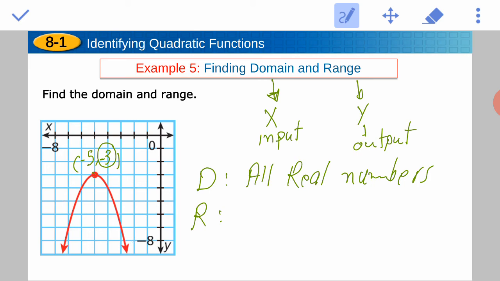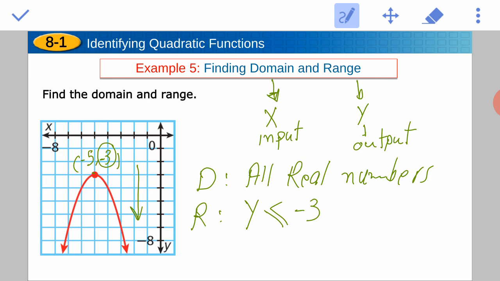So what are the possible y values? The maximum y value you ever see is -3, and all y values are going down. So the range of this function is any y value that is less than or equal to -3. You might see -3 or any value less than -3.